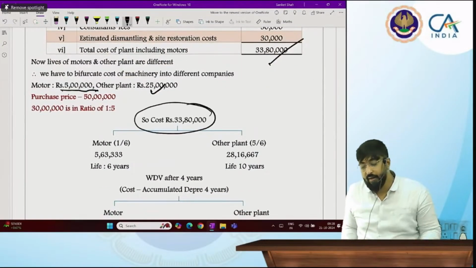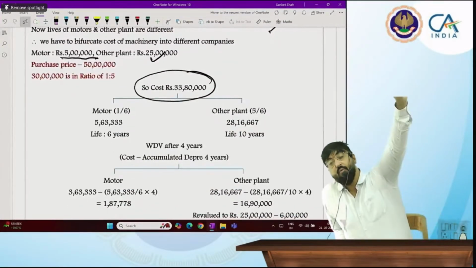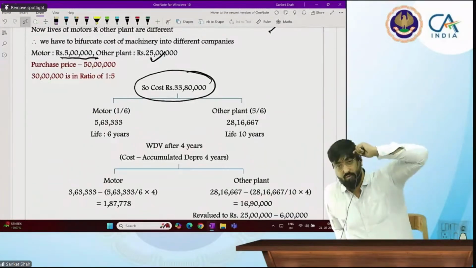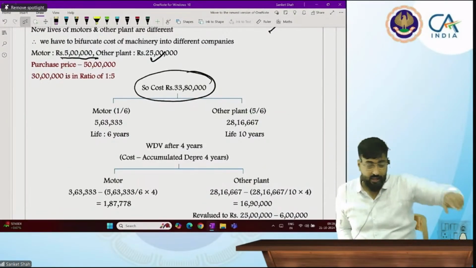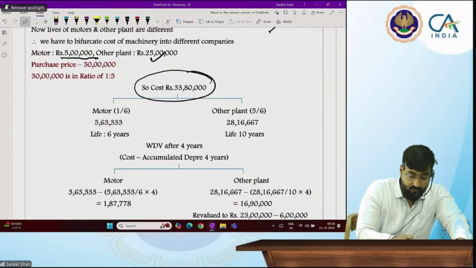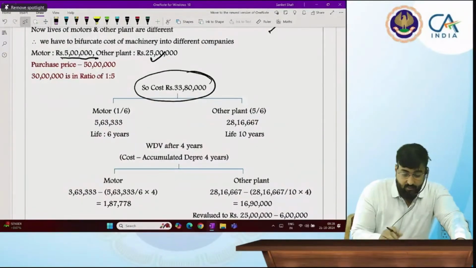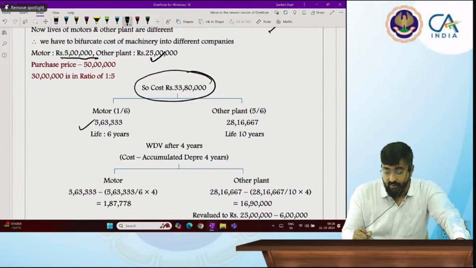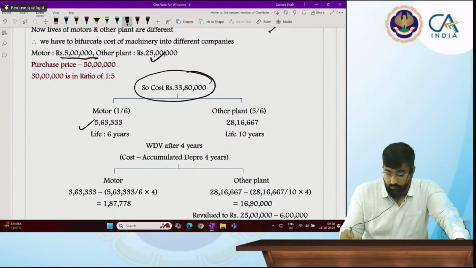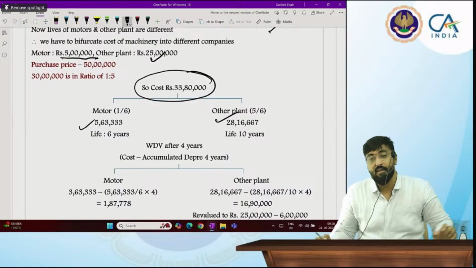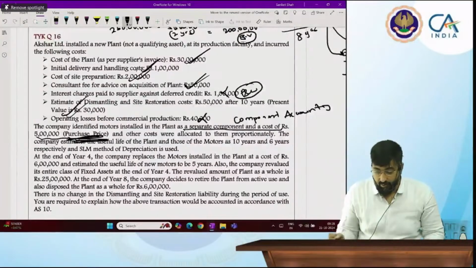So I will divide 33,80,000 in 1:5 ratio. 33,80,000 divided by 6 into 1 is equal to 5,63,333. And into 5 will come to 28,16,667.